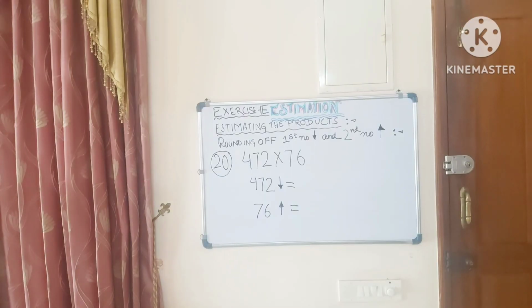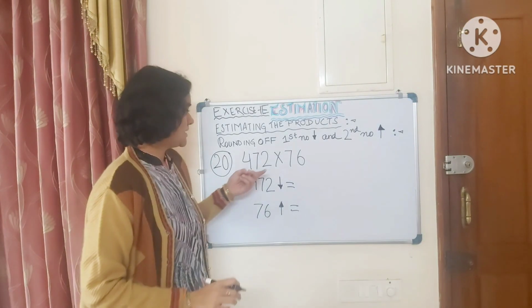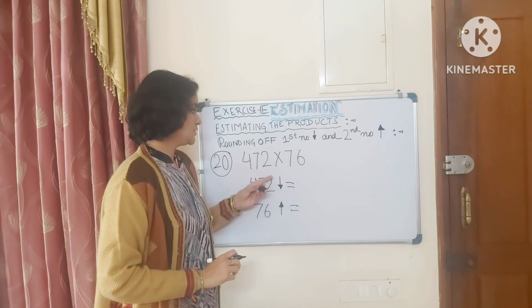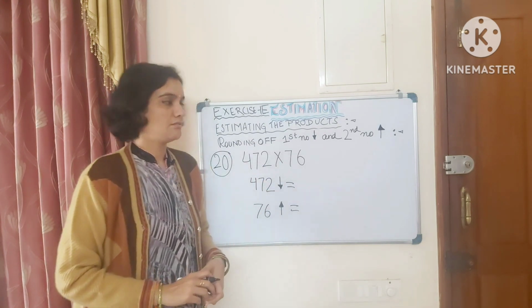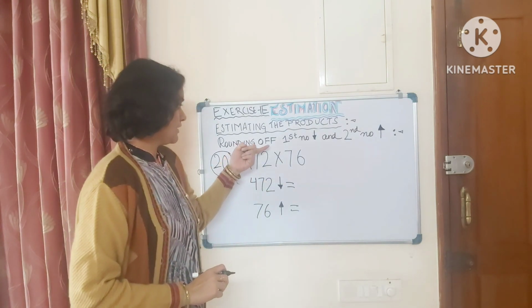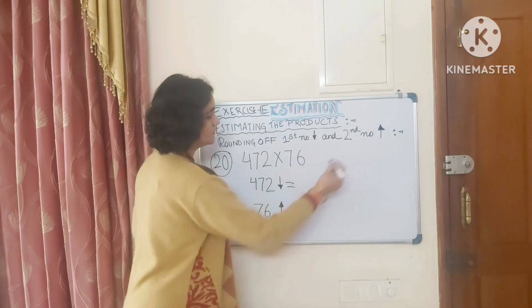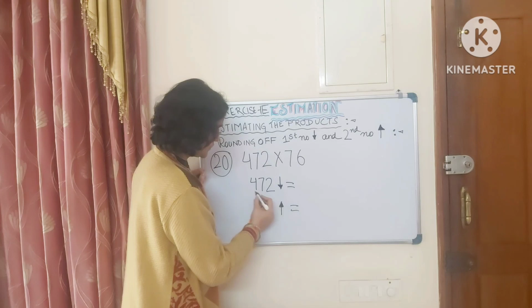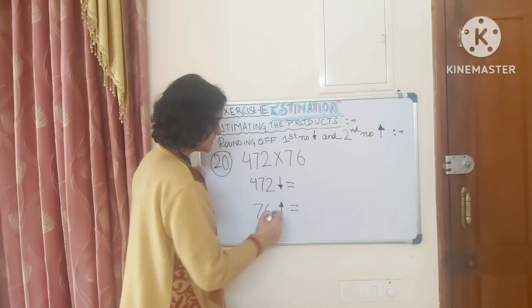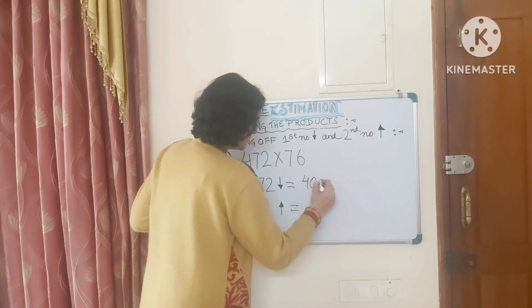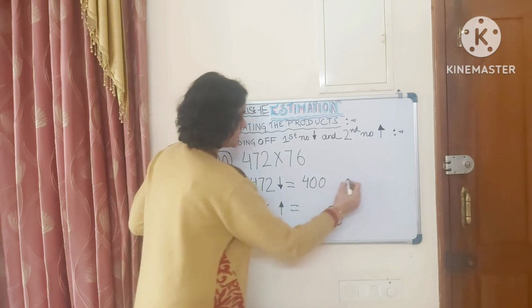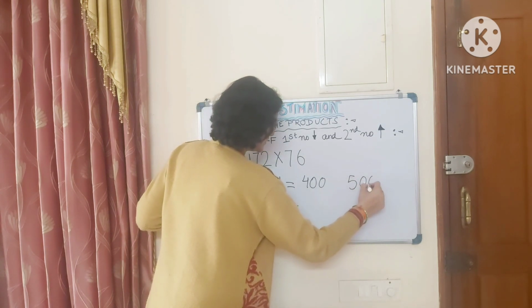Okay, so question number 20 is asking us 472 into 76. We need to estimate, where we have to round off the first number downwards and the second number upwards. So 472 downwards means it will become 400. If estimated upwards, it will become 500.